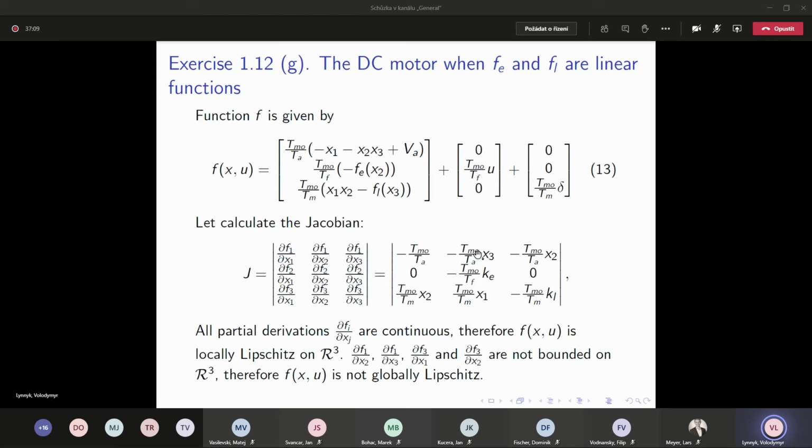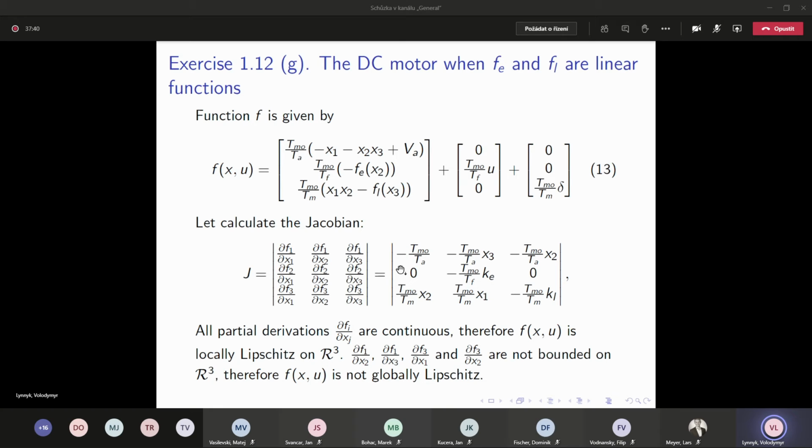The next example is the DC motor when Fe and Fl are linear functions. Function f is given by the next equation, with this matrix and this matrix, and let's calculate the Jacobian of this.